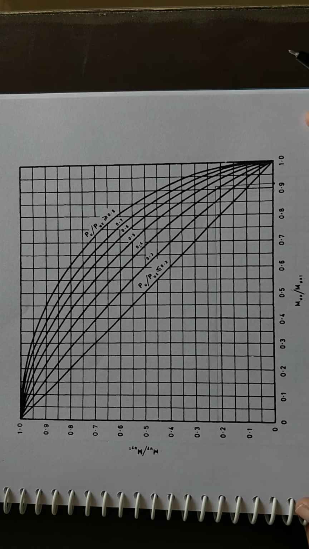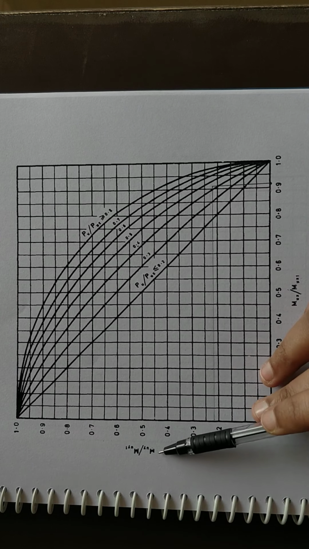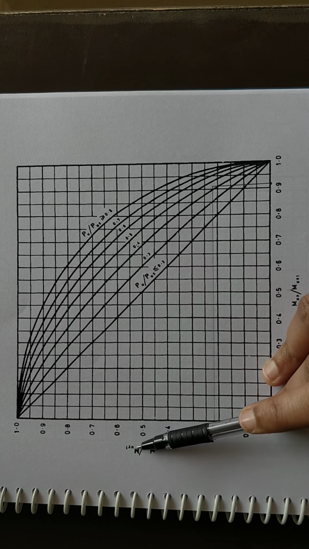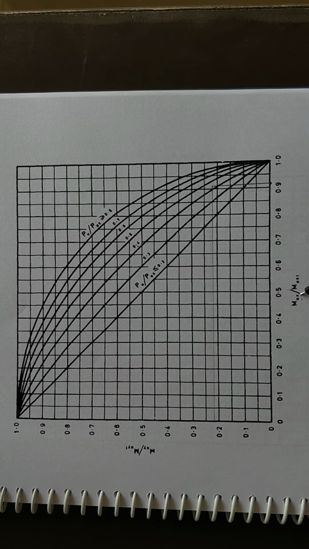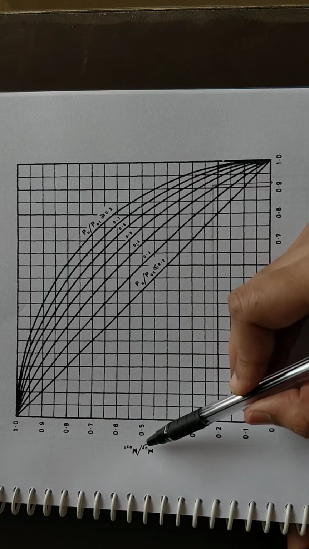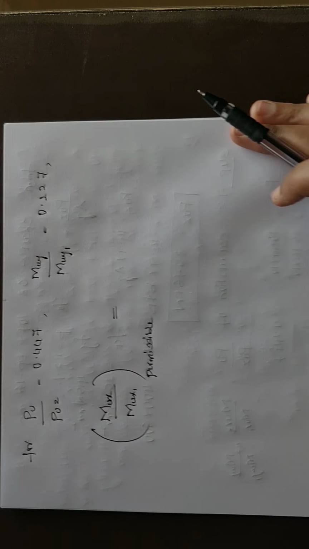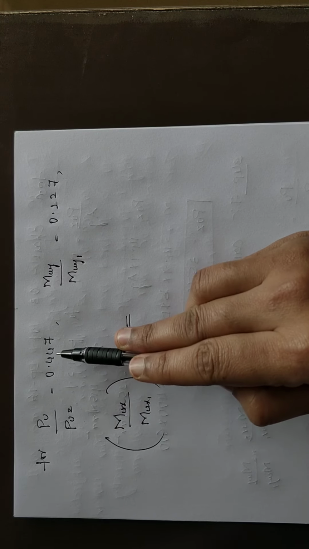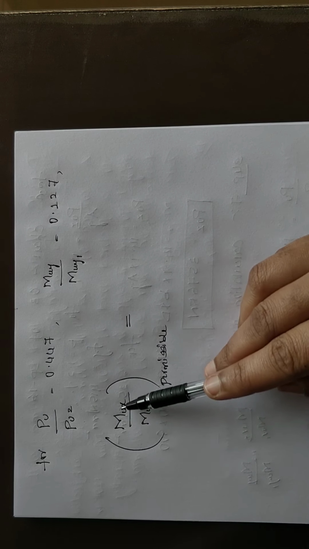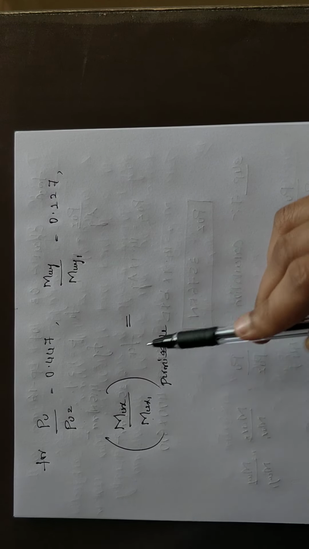You can observe here the graph for calculated MUY by MUY1 and PU by PUZ. Given MUY by MUY1 is 0.227 and PU by PUZ is 0.447, you need to calculate MUX by MUX1 permissible from this chart.